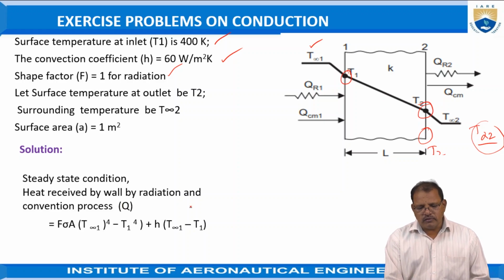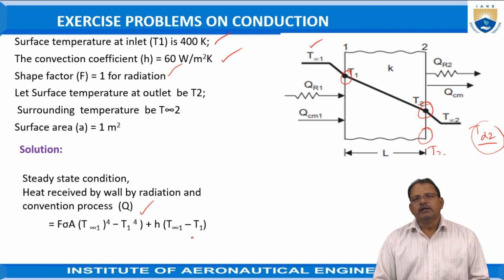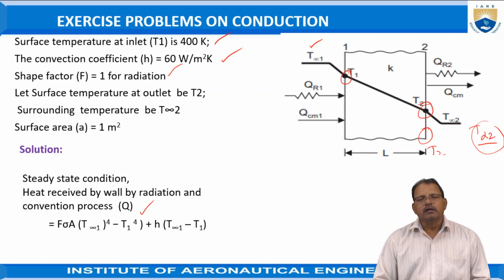So the heat received by the wall by radiation and convection is given by F into sigma into (T alpha 1 to the power of 4 minus T1 to the power of 4) plus H into (T alpha 1 minus T1), where F represents the shape factor. Generally, it depends upon the distance between the two solids as well as the shape of the object. But in this case, we have taken F equal to 1.